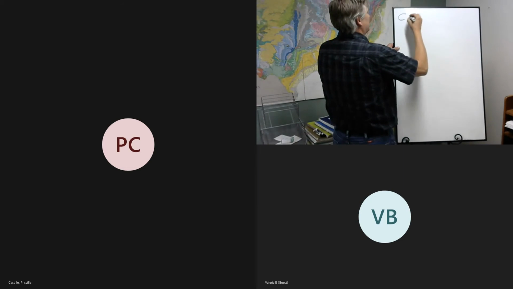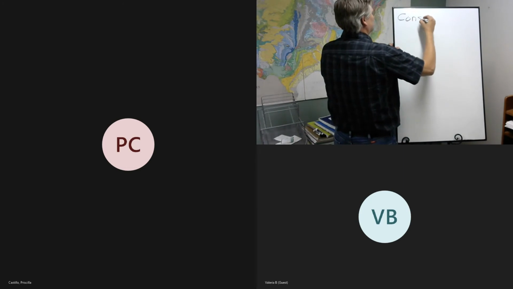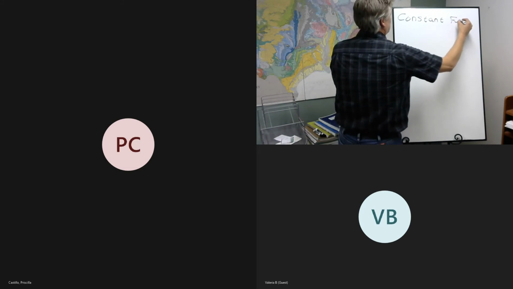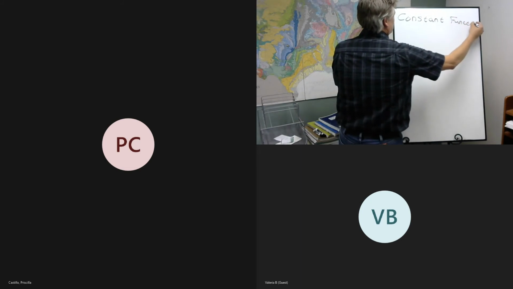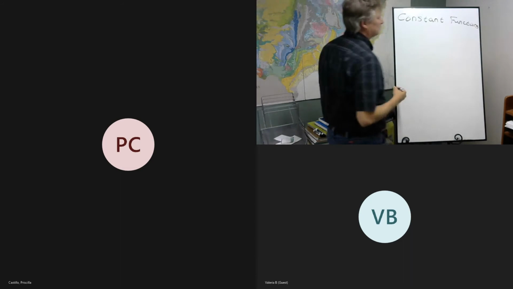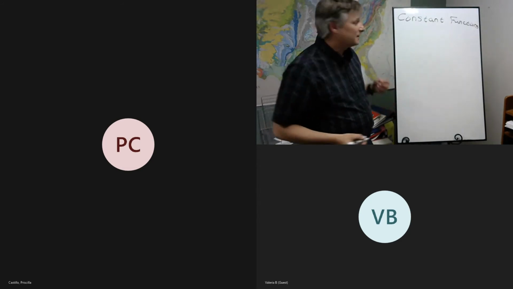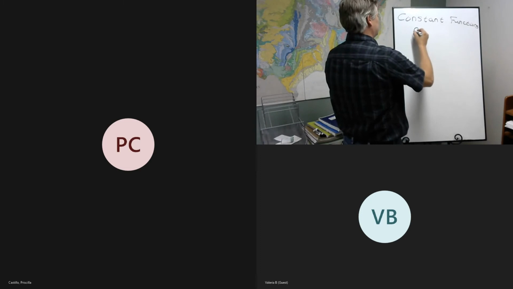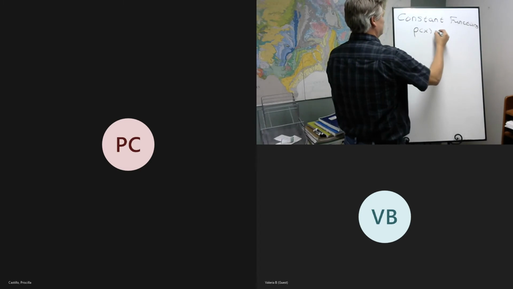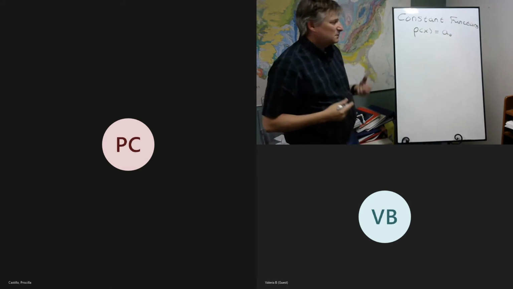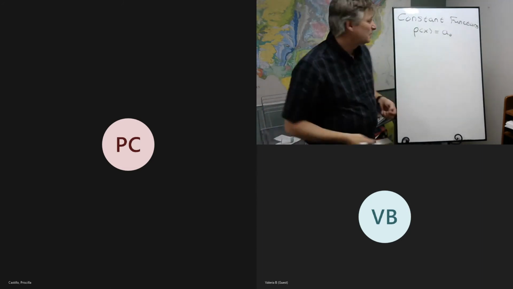I'm just going to go through these. We have constant functions. And a constant function would be something like this. It's just equal to a constant number.